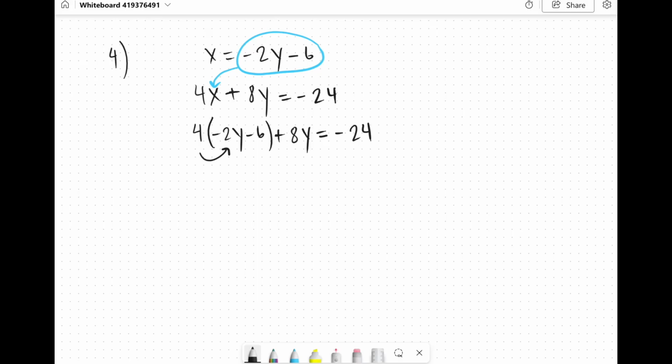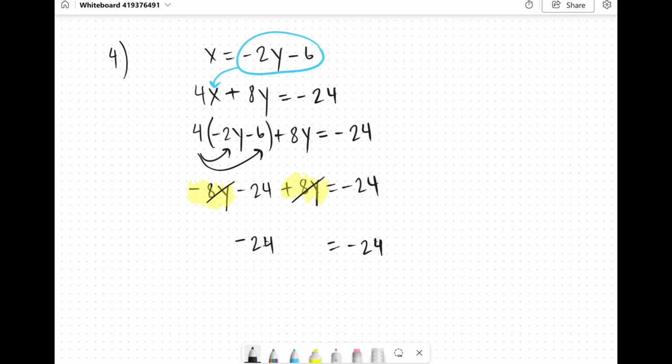Distribute the 4. Combine like terms. Negative 8y and positive 8y will cancel each other out. That's a 0. So you ended up with negative 24 equals negative 24.